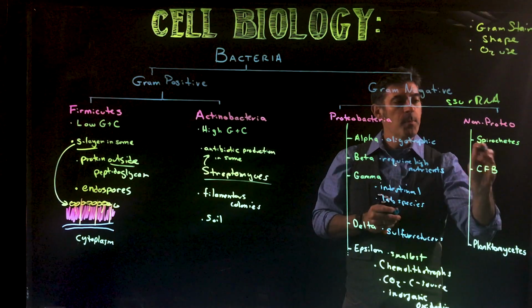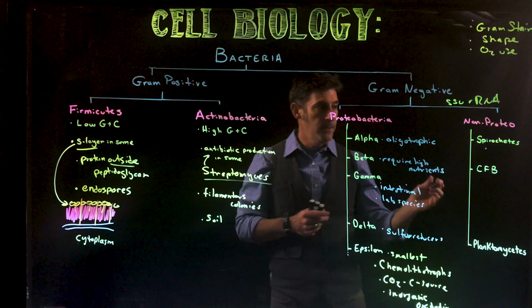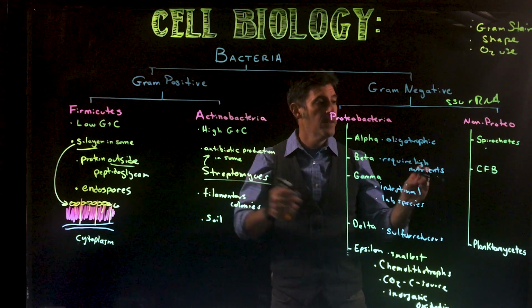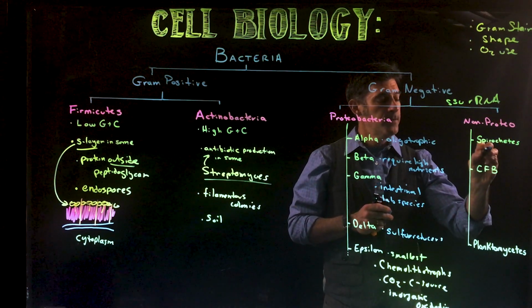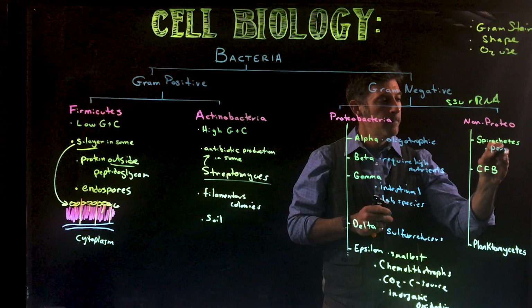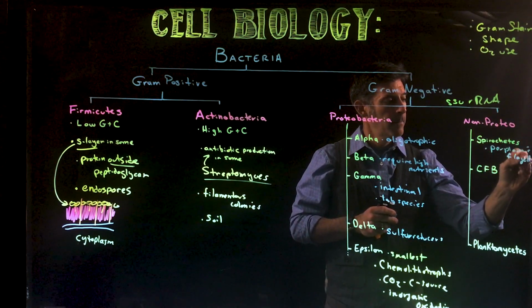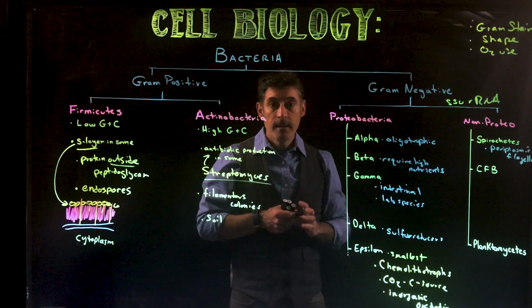This one group here, the spirochetes, is particularly obvious, all right, in a way. These are the spiral elongated shaped cells that have a periplasmic flagella. So they look very different than the others.